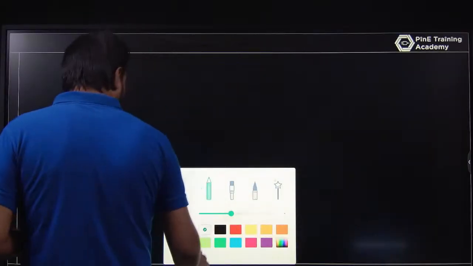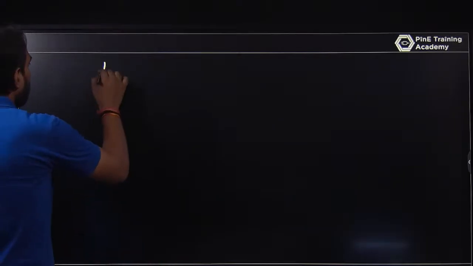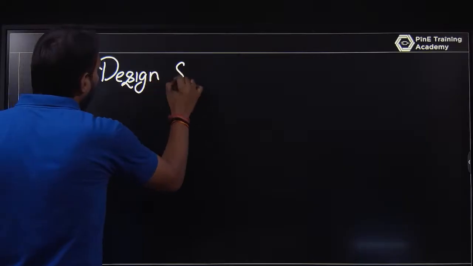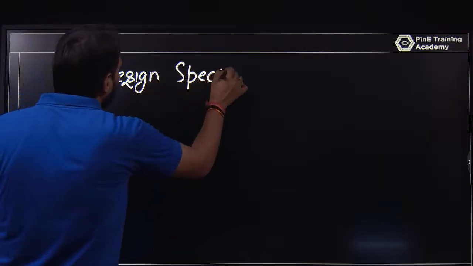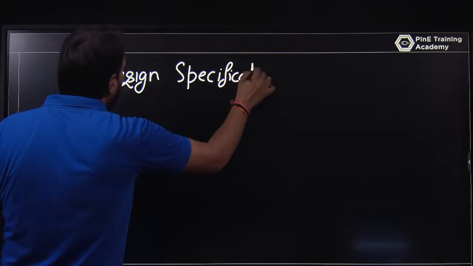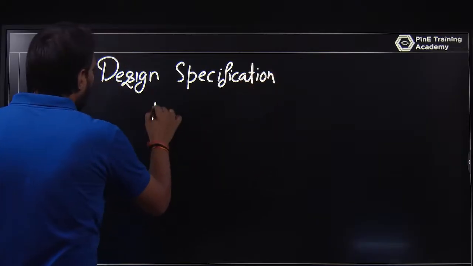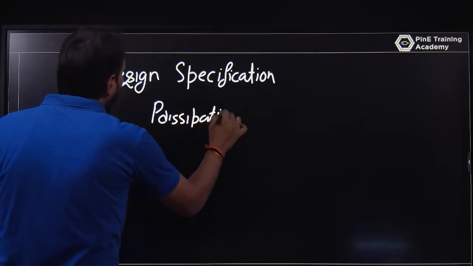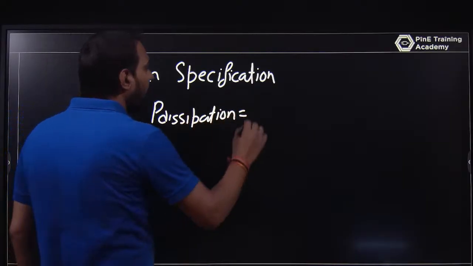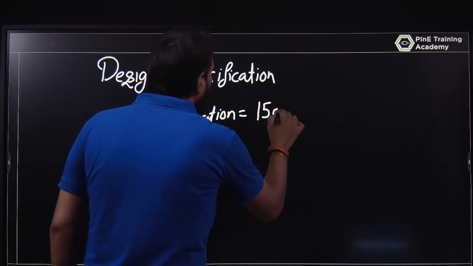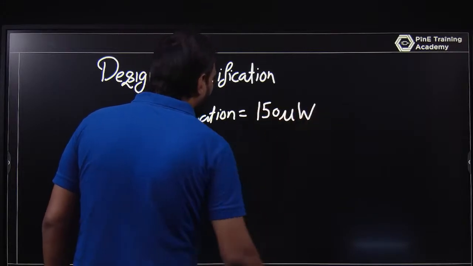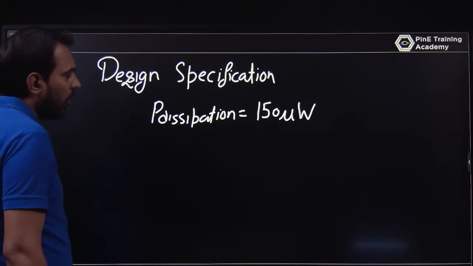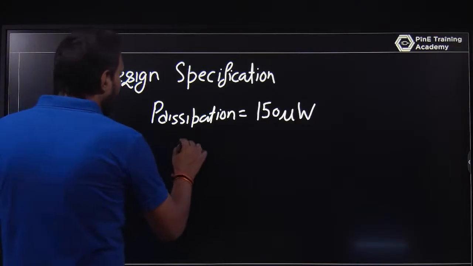So the design specification is this. I am giving a very simple design specification so you can relate it. Let the power dissipation be 150 microwatt, and on the basis of that, what will be the width?